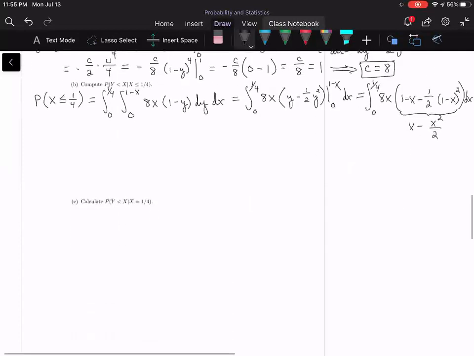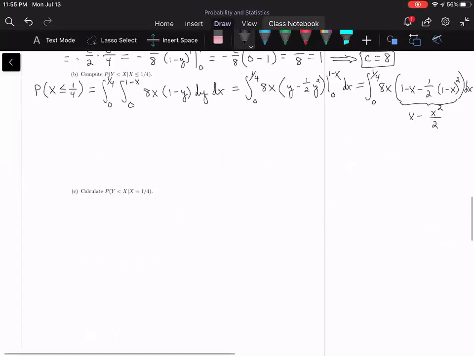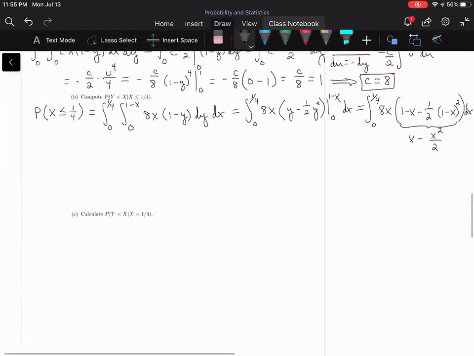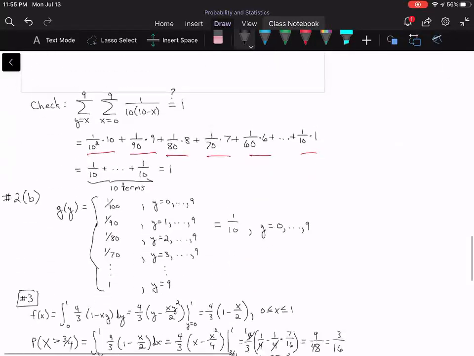And let's check that. So we had 1 minus x minus 1/2 times (1 minus x) squared.